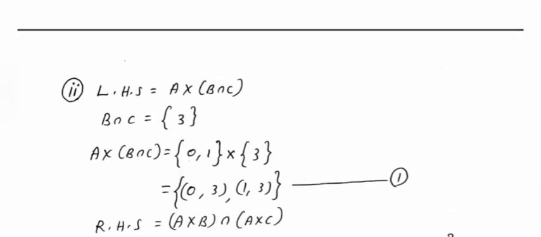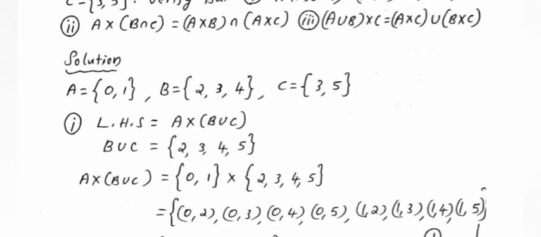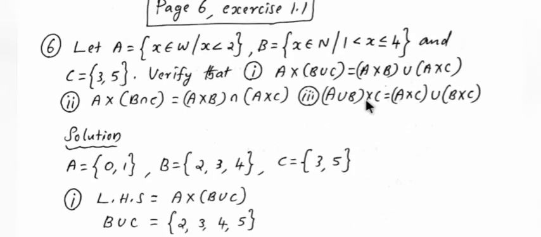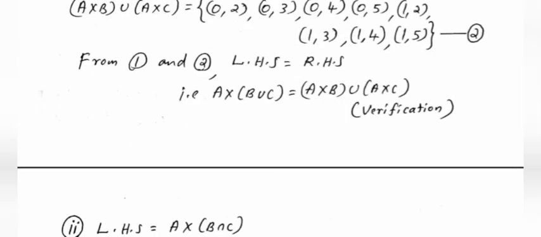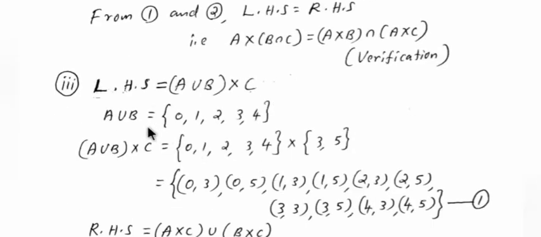Then third problem. What is third one? In third one, an equation is given. This is LHS, this is RHS. Take first LHS is equal to A union B cross C. First find A union B. Union is nothing but just join the elements of first one and the second one.